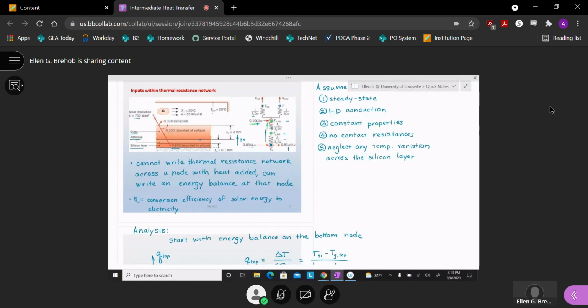And a bit that you didn't get to see because I felt like I was so sure we'd end early, but then I talked too long. I showed on my notes, I wrote an equation at this node. It didn't do me any good. It just added another equation with another unknown. So it ended up being more useful to go ahead and write a nodal equation at that top node.